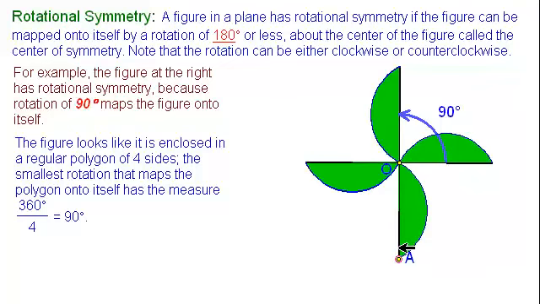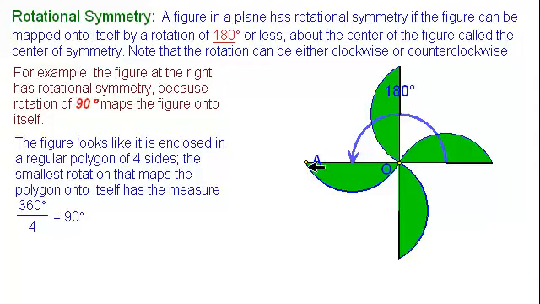The rotational symmetry has to be 180 degrees or less. The least rotational symmetry is 90 degrees for this figure, and the next rotational symmetry is a multiple of the least one, which is 180 degrees.